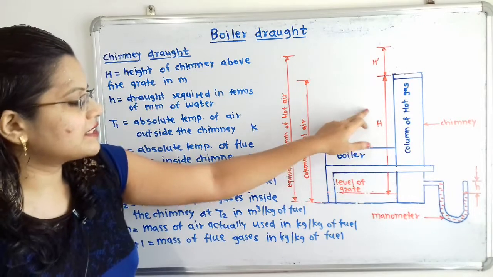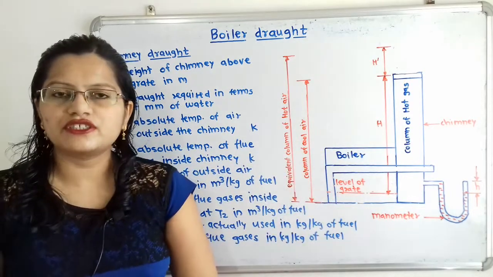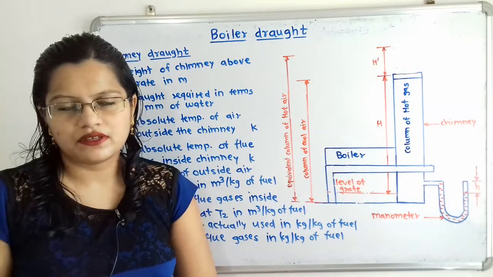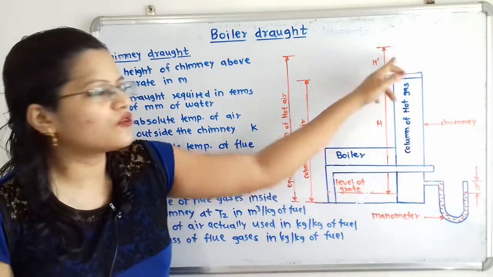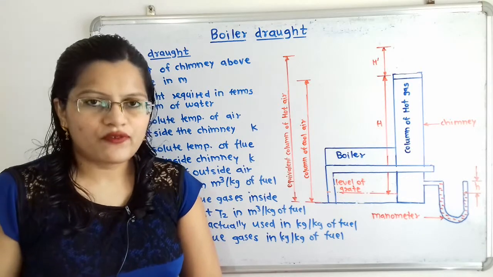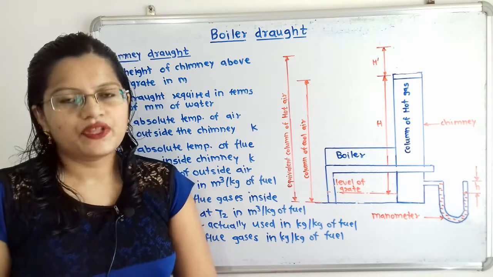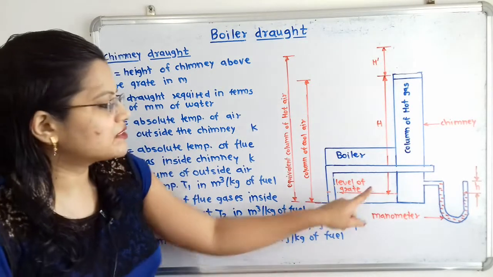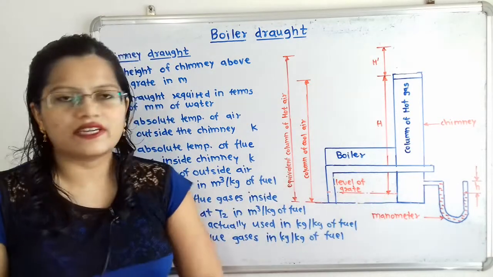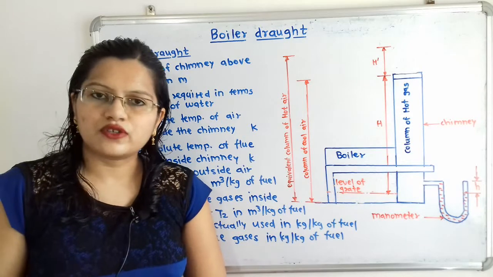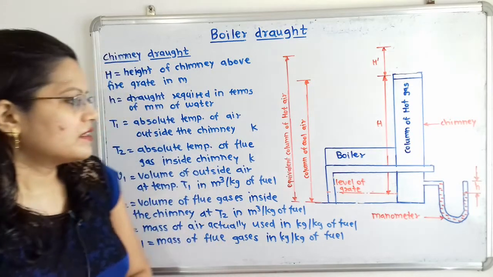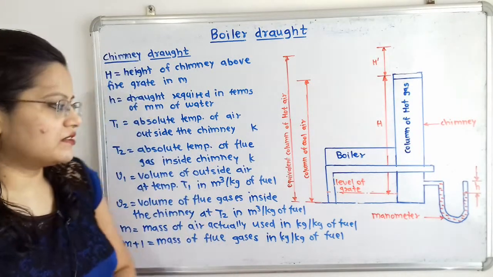So this higher density air comes inside this combustion chamber and it will push the hot flue gases outside the combustion chamber through the chimney. Why? Because the flue gases have lower density, and because of this density difference the pressure difference is also maintained above and below this level of grate, and that's why this draught or chimney draught is known as the natural draught.